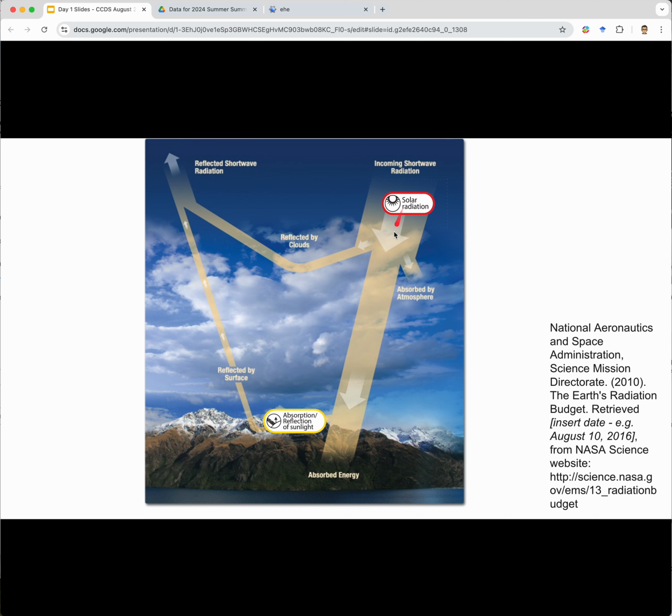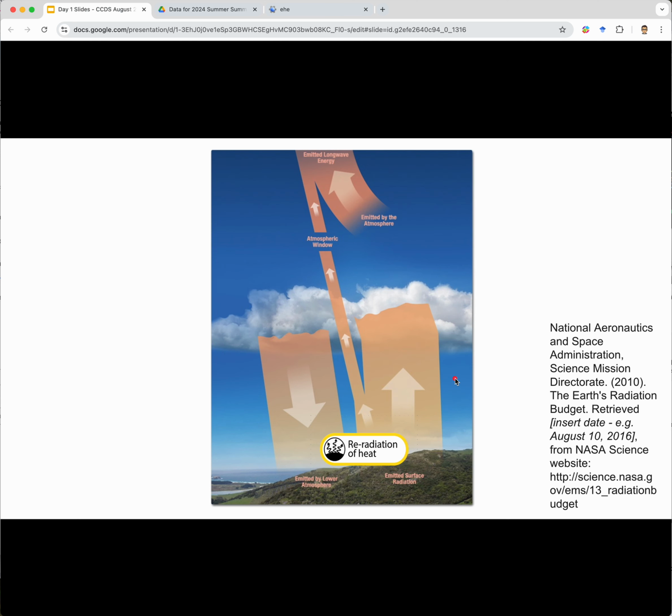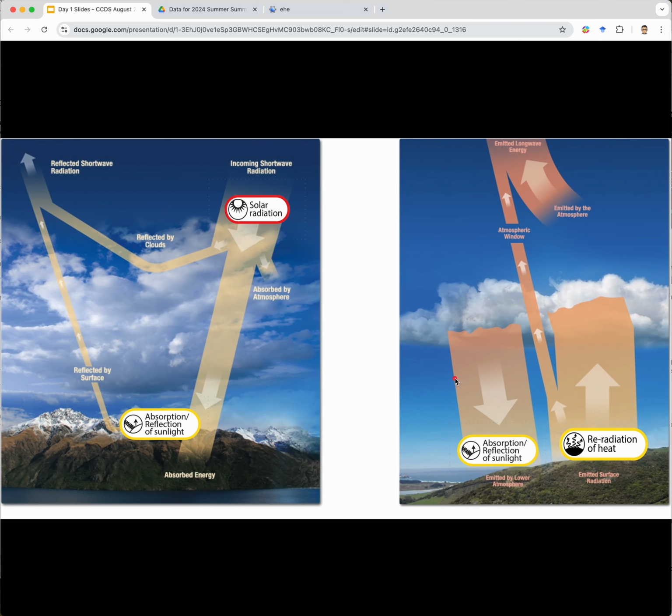So the solar radiation that comes in gets absorbed and or reflected. I want to emphasize that if it is reflected, it is reflected shortwave radiation, not long wave radiation. And of course, that reflection can happen through clouds as well. Re-radiation is where the short wave gets absorbed and then re-radiated as a different wavelength, and that would be long wave.